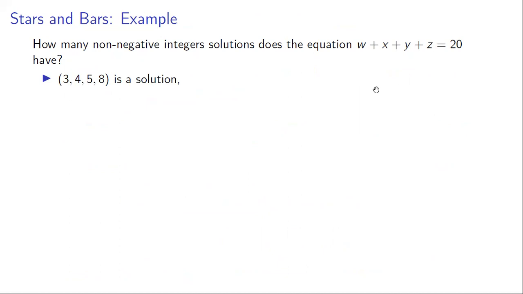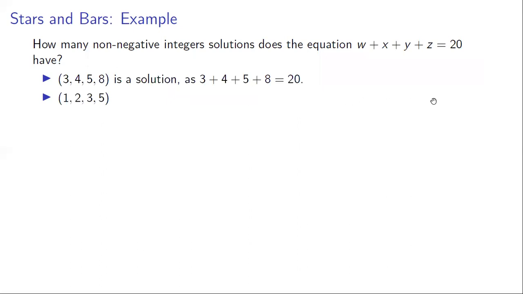So here's one solution, and I represent it as a list. The first thing is w, then x, then y, and then z. So let's say w is 3, x is 4, y is 5, and z is 8. That's a solution. Why? Because 3 plus 4 plus 5 plus 8 is equal to 20. How about this?